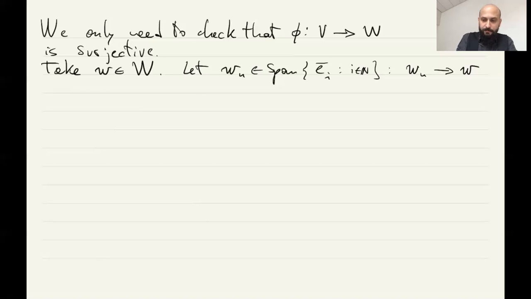And finally, by continuity, we need to have that phi of v is equal to w, passing to the limit of this equation. So what we proved is that w is in the image. w was arbitrary. We finished the proof of the fact that two separable infinite dimensional Hilbert spaces are isomorphic as Hilbert spaces.